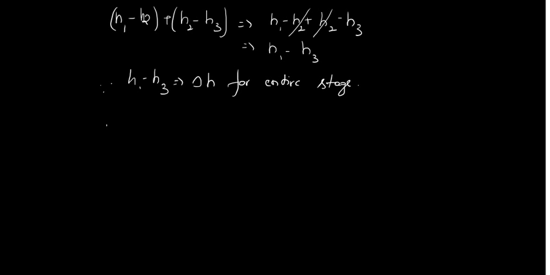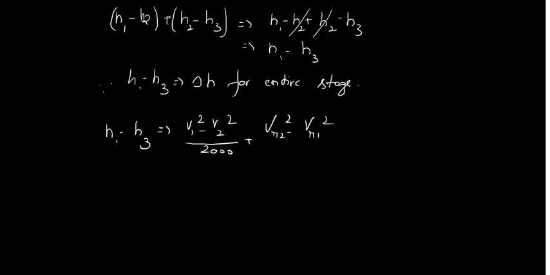Now H1 minus H3 equals V1 square minus V2 square divided by 2000 plus VR2 square minus VR1 square divided by 2000.